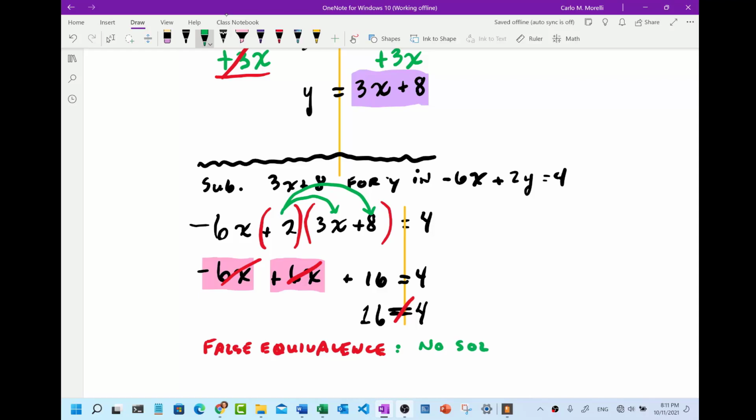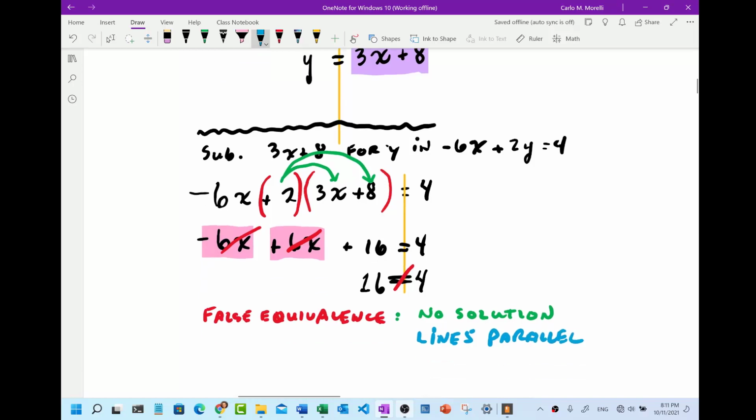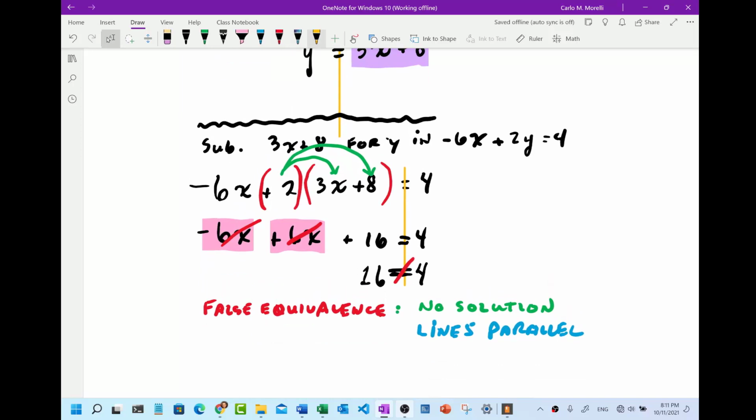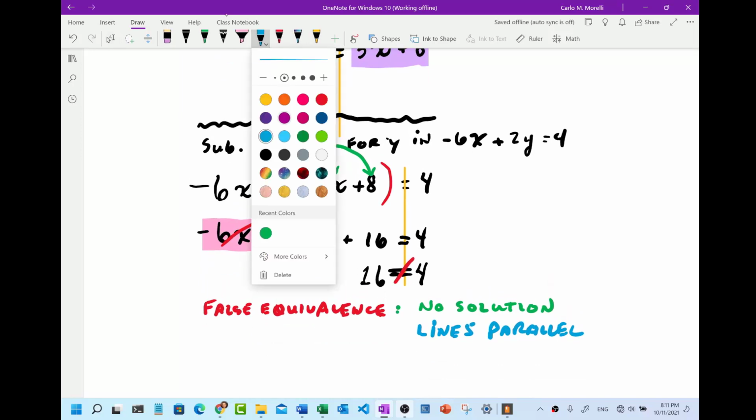There are a couple of things that it means. It means that there's no solution. That's the thing that you'll write for your test, but it also means something else that you might not know. It means that the lines are parallel to one another. And that means a third thing that you can also abstract from this finding, which is kind of interesting.